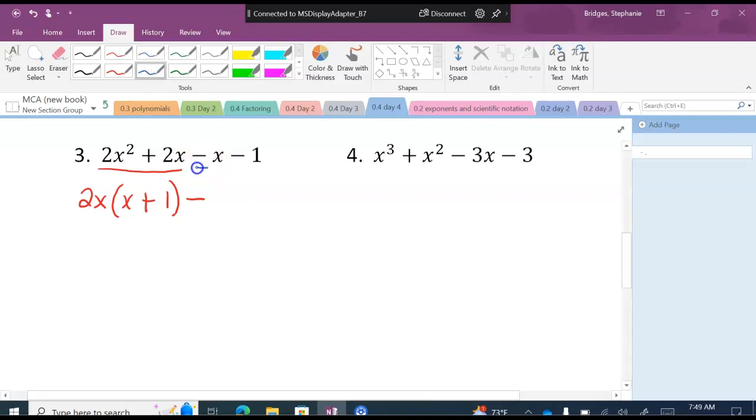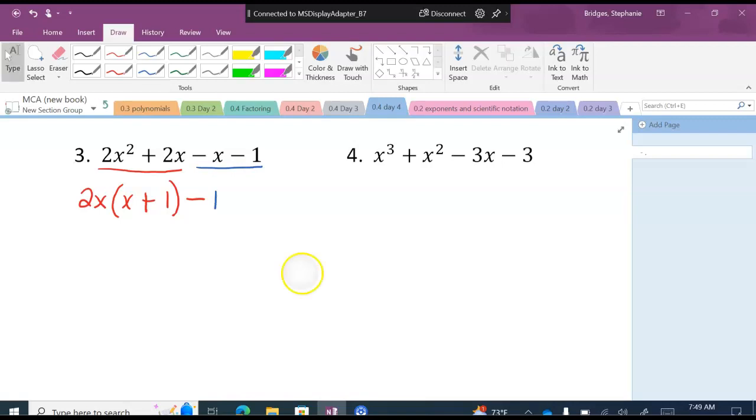If I look at these two terms, x and 1, do they have anything in common? No, other than a what? A -1, okay? So they don't have anything in common, but I am going to pull out, you have to pull something out, even if it is just 1. Now, if that had been a -2x minus 2, we could have pulled out a -2. But because x and 1 only have 1 in common, we have to pull something out.